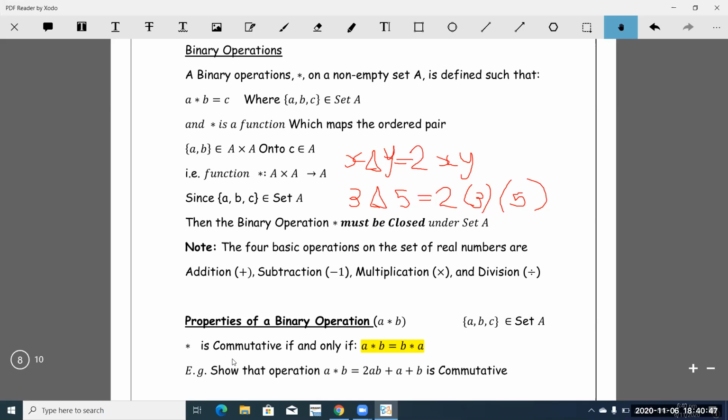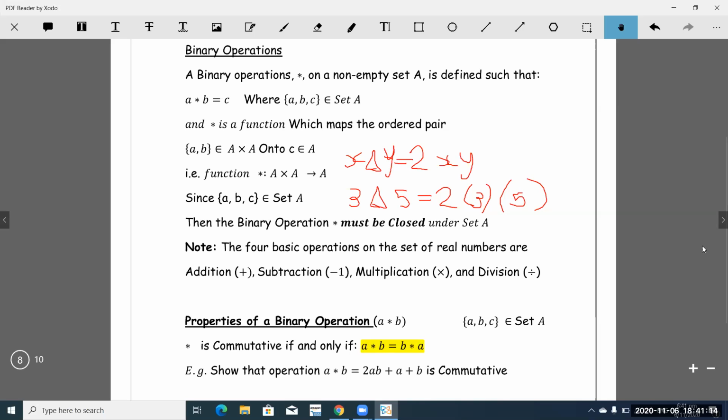We said that a binary operator star is commutative if a star b is b star a. Now I highlight it because we must remember this. Anytime they give us a binary operator star and they ask you to show that it is commutative, this is the first thing that you do. You check to see if a star b is equal to b star a. All right?